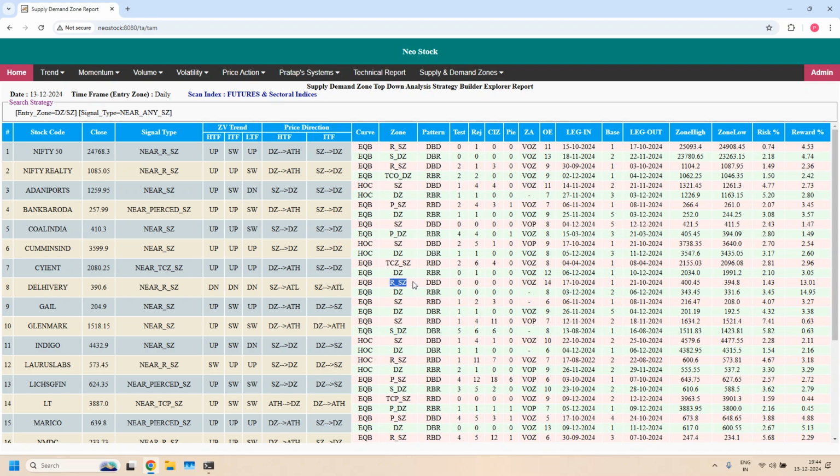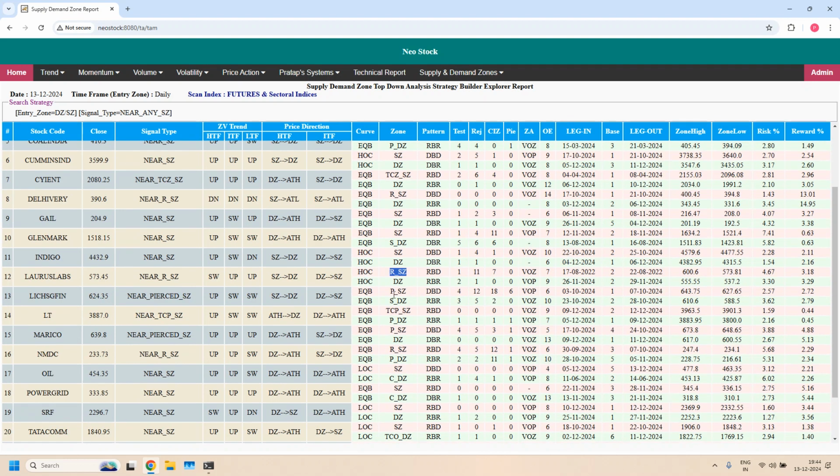So next, Delhivery, high liquidity zone. Next, Laurus Labs, continuously it is coming. Next, L&T.